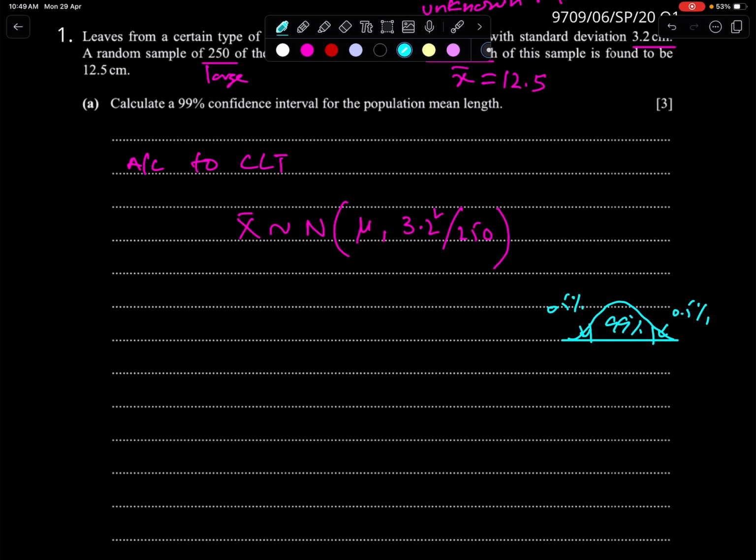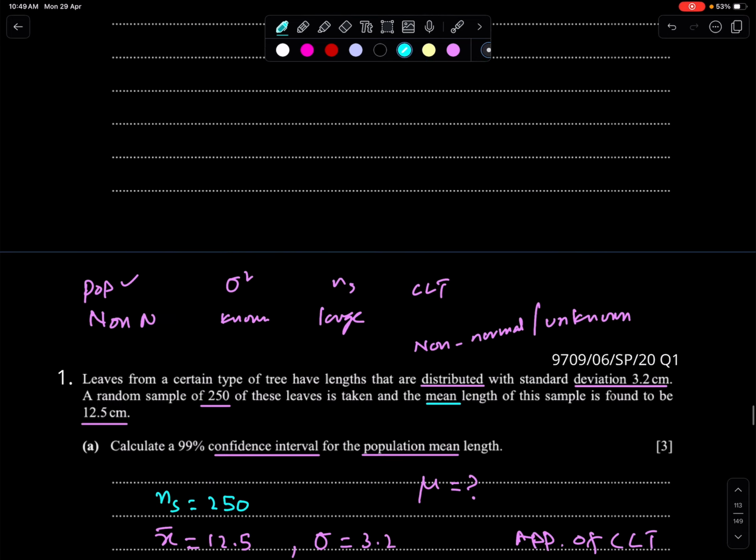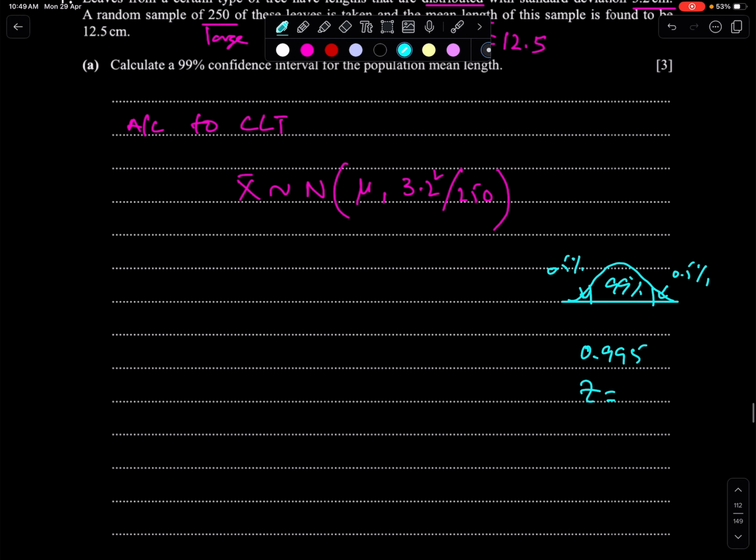So this total area, the lower tail area, is 99.5%, 0.995. I think 2.576 is the value. You can find this value either from the table or calculator.